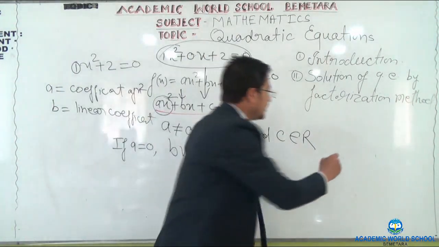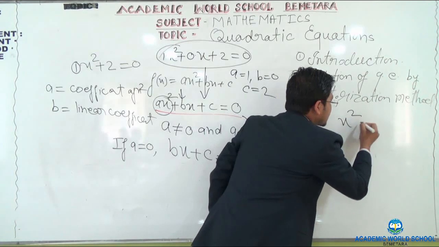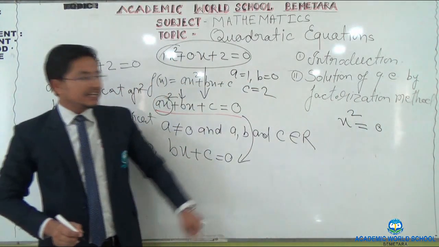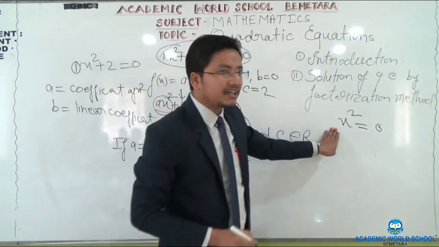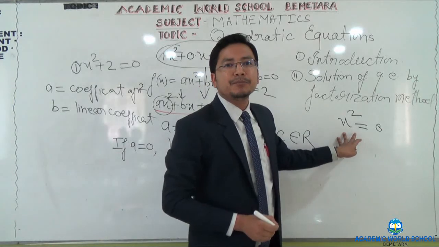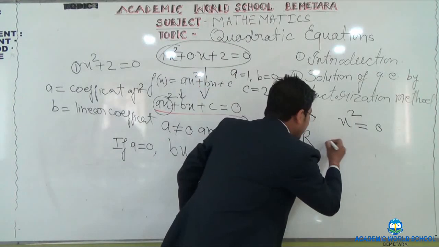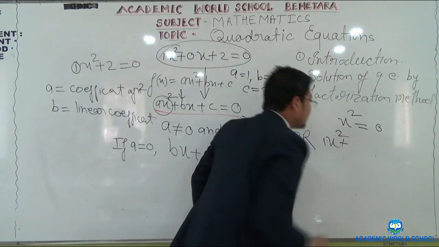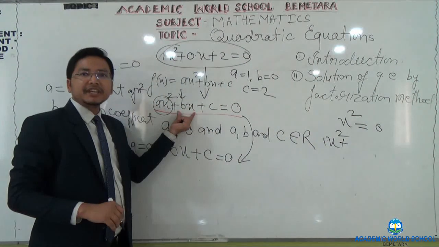If I write x square is equal to 0, is this a quadratic equation? In this equation, I need you to tell me the values of a, b and c. So we can write this as 1x square plus, what is the form? b into x.